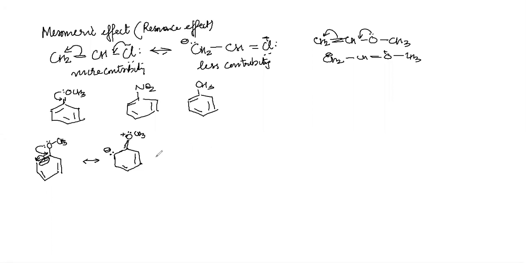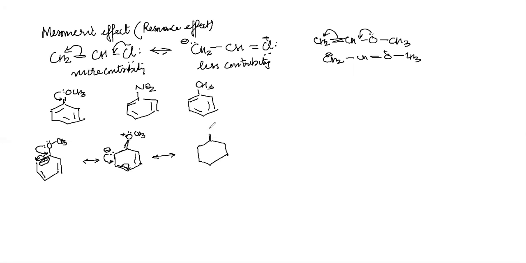Now, next, shift this over here, and simultaneously you can shift this bond to this carbon. That means the negative charge is getting transferred to the para position also.